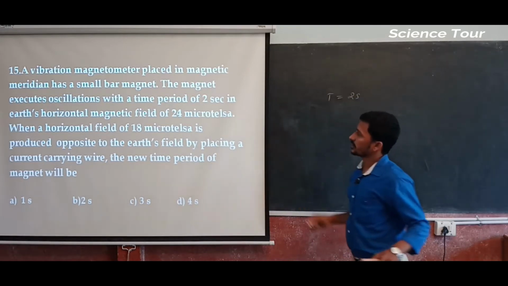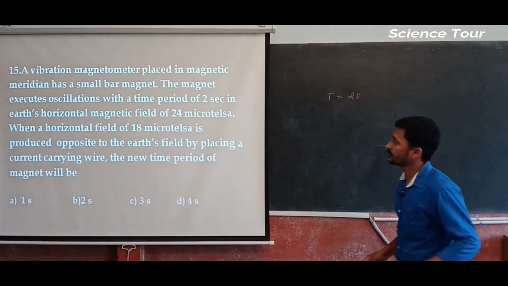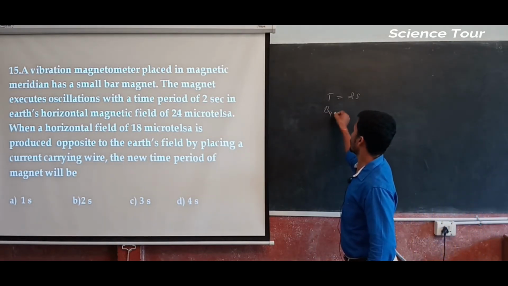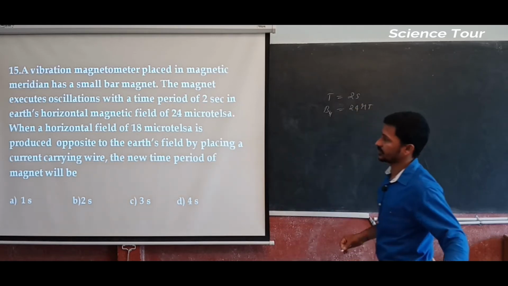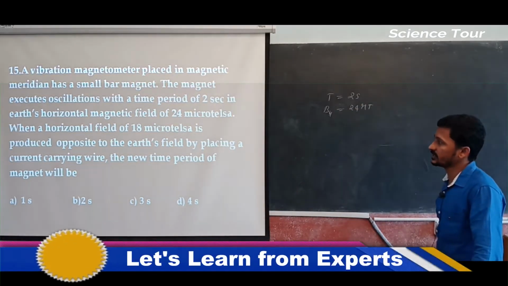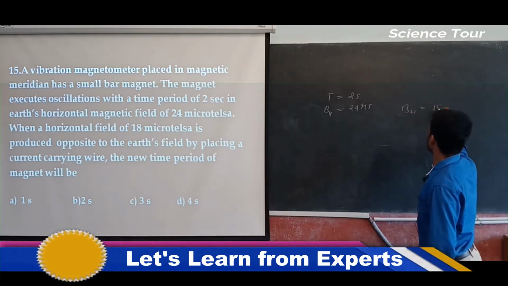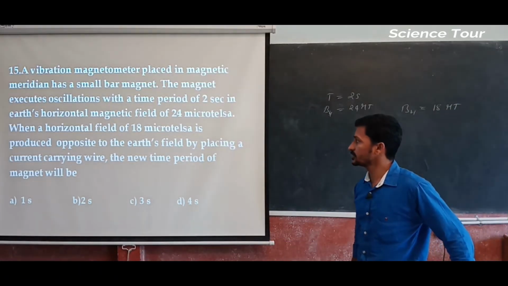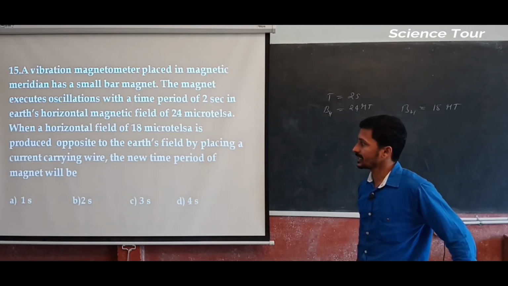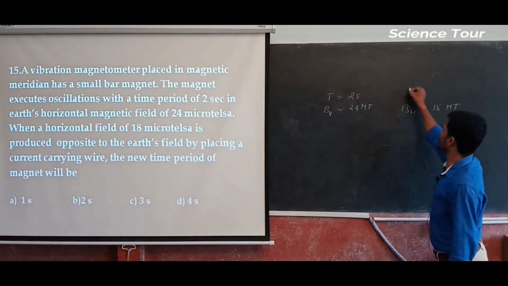Okay. Now, the Earth's horizontal magnetic field of 24 microtesla is given. When a horizontal field of 18 microtesla is produced opposite to the Earth's magnetic field by placing a current carrying wire, the new time period of the magnet will be.